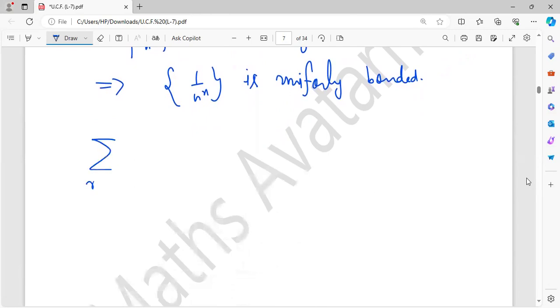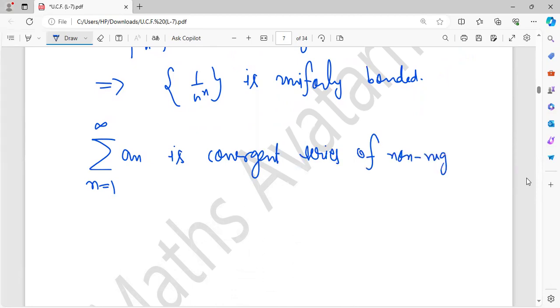Now what about this series? Now this series, summation n goes from 1 to infinity a_n, is a convergent series of non-negative terms. There is no x involved, so automatically for all x it is convergent. It means it is uniformly convergent because it does not depend on x, and it is convergent.